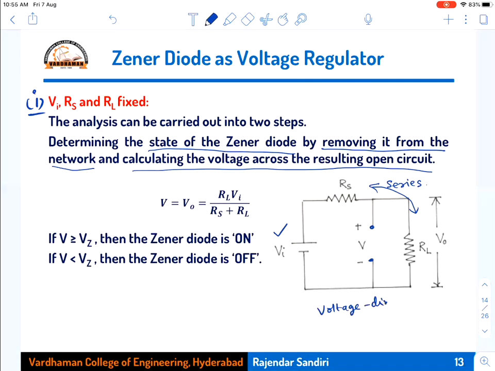If you apply the voltage division rule, the voltage across the resistor RL is V equal to the total voltage VI times the same resistance divided by the sum of two resistances, RS plus RL. That's the voltage division rule. This voltage and the voltage across the load will be the same, because these two are in parallel.